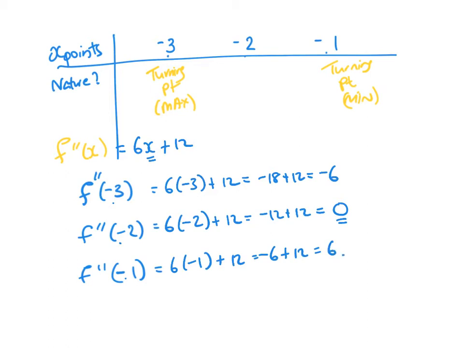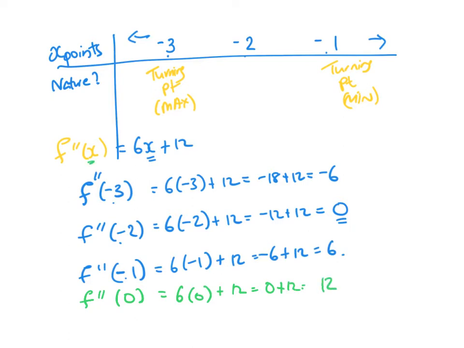What we're also going to do then is do a value that's to the right of -1, and I'm also going to do one to the left of -3. So on the greater side, I'm going to use 0 as the point, only because 0 is easy. So it'll be 6 times 0 plus 12, which is going to end up at 0 plus 12, which is 12. And to the left side, I'm just going to do it up here.